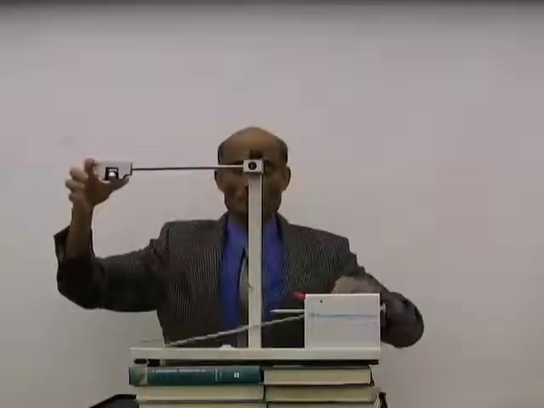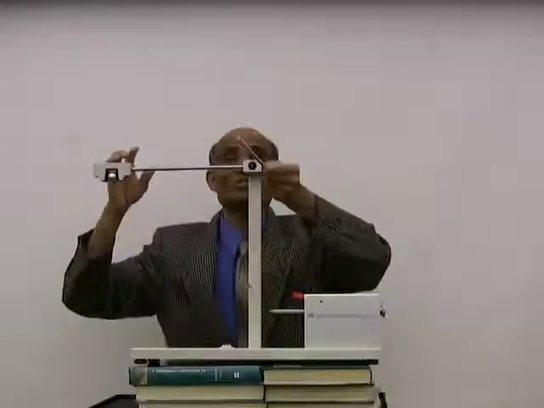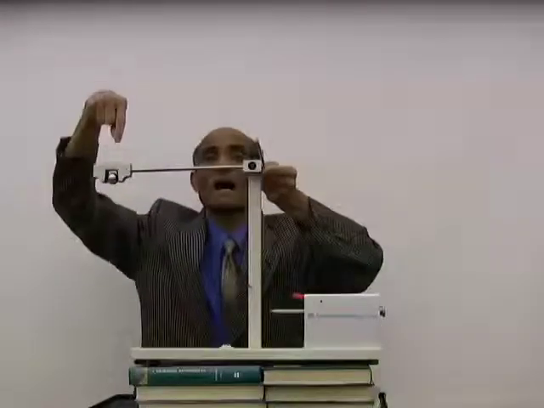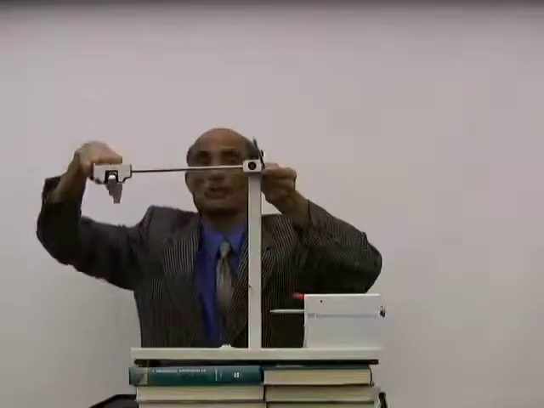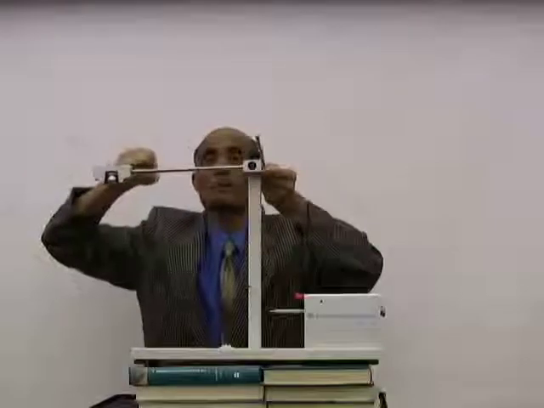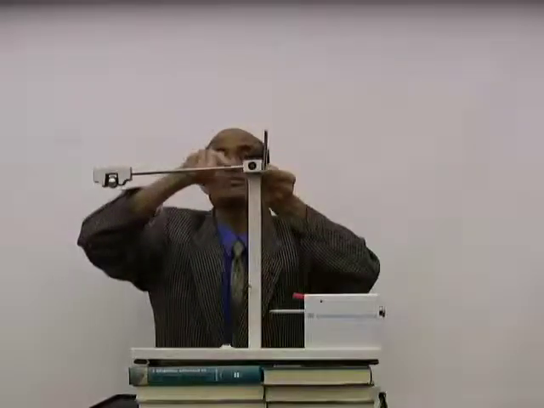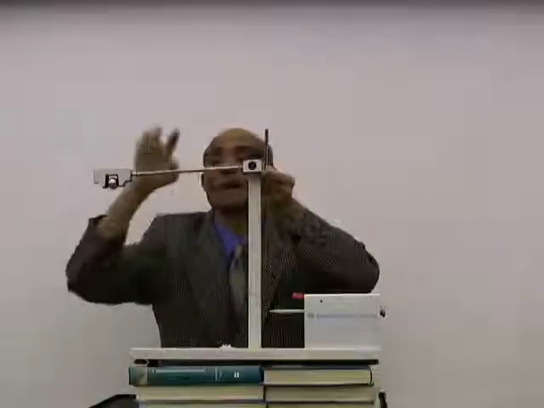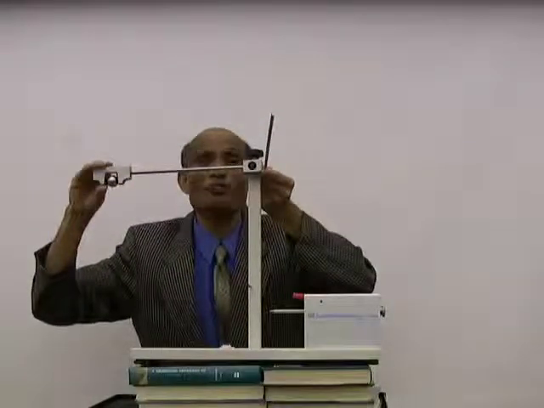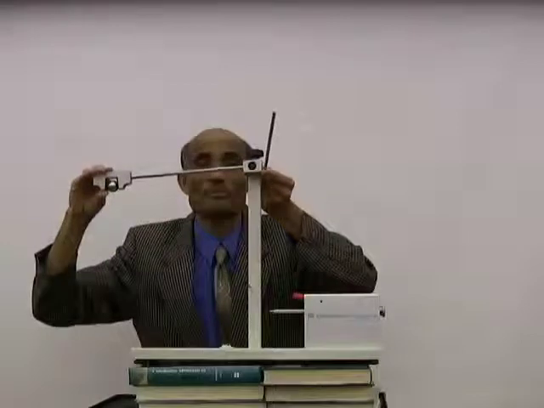Again, if this is the axis of rotation and the force is directed downward, the perpendicular distance between the force and the axis of rotation is this distance. And this distance is called the torque arm.